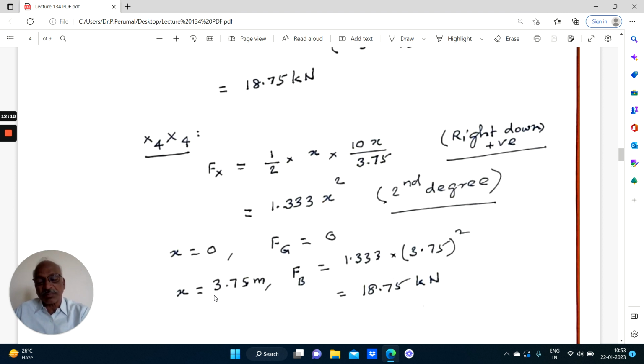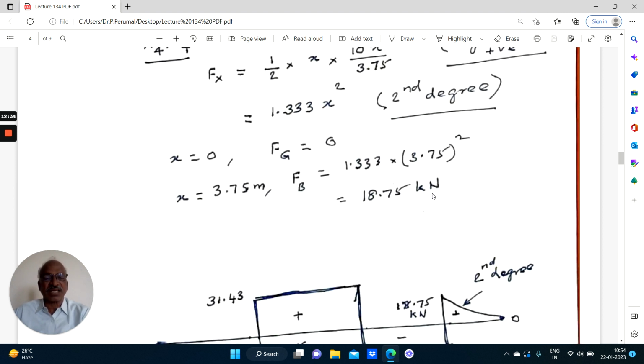And X equal to 3.75, the length of the cantilever overhanging portion. In place of X, you substitute 3.75 and you get this value. For the overhanging part, the shear force varies from 0 at the right end G to 18.75 with a second degree variation.